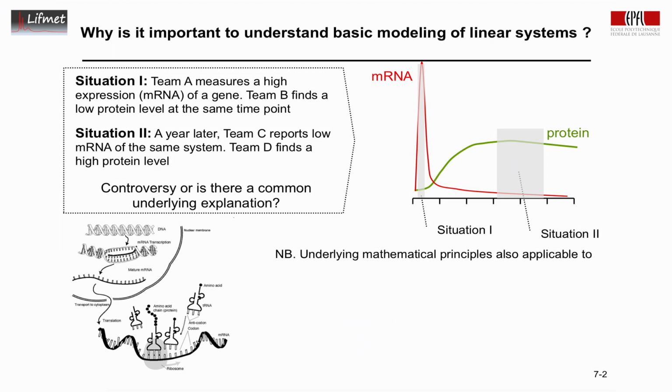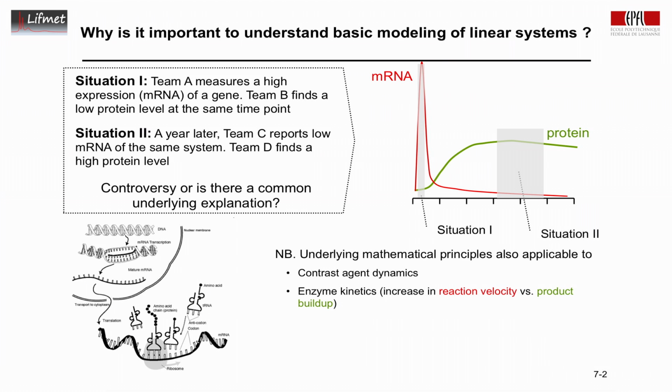Now, the system of product-precursor relationship can be described mathematically. We can set up a model, and the underlying mathematical principles, as we'll see in this lecture, are fairly generally applicable. We can apply them to contrast agent dynamics, uptake of contrast agent. So instead of mRNA, we have contrast agent in the blood, and instead of protein, we have contrast agent in the tissue.